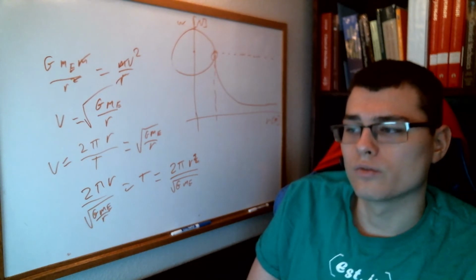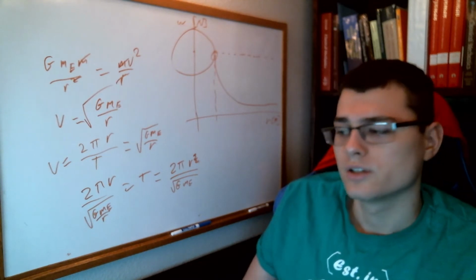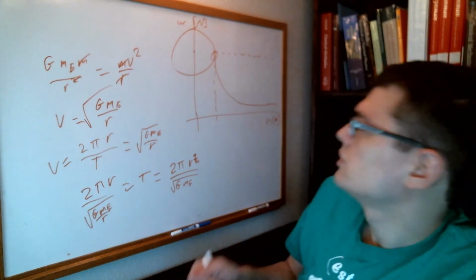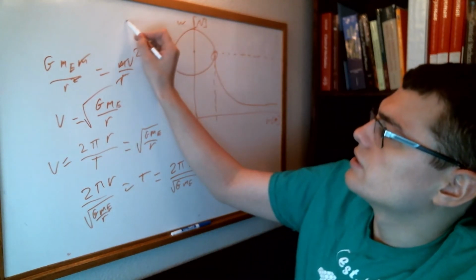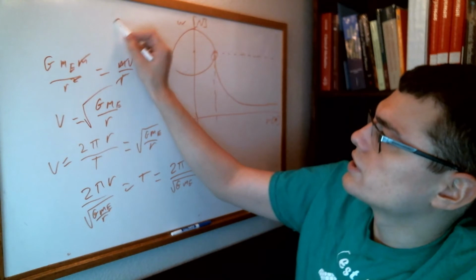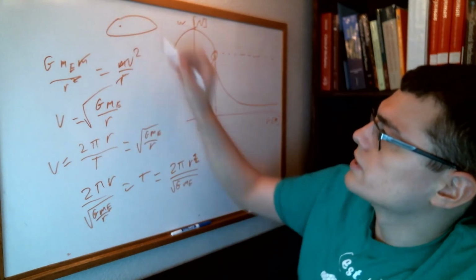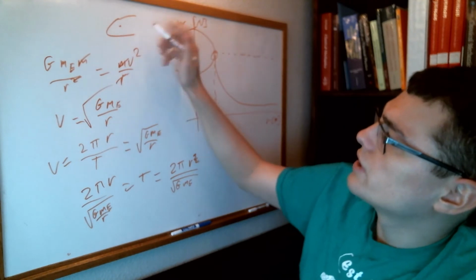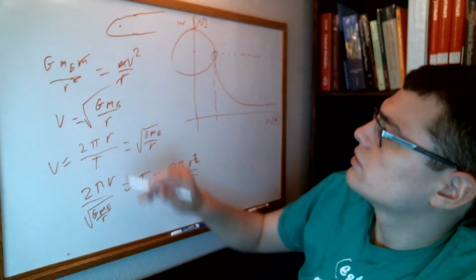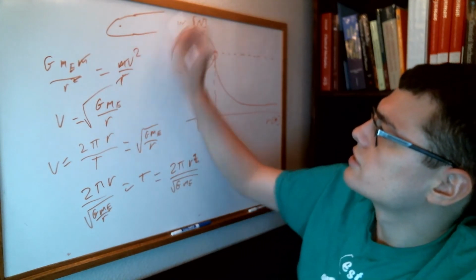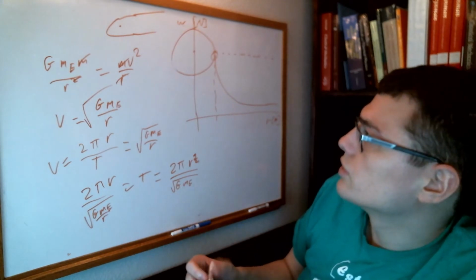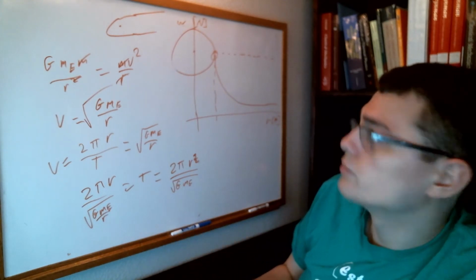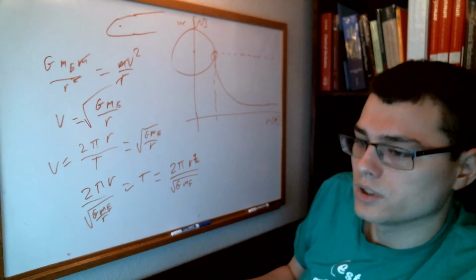When you go over 1, your orbit breaks, and instead of a closed orbit, all of a sudden your orbit opens up when you have an eccentricity of over 1. This is what it would look like if you started to break your orbit.